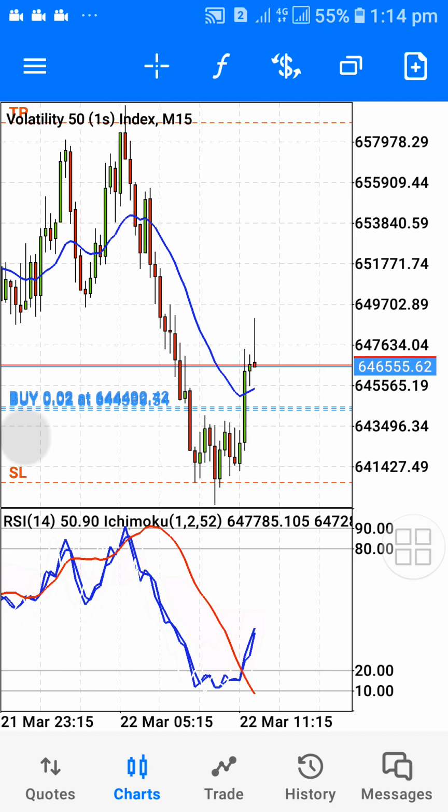I also want to let you know that this is a trade that has to do with price action. Price action is very, very important here. You need to trade based on the price action, what the price direction of the market is.